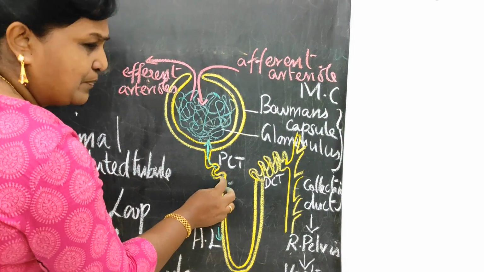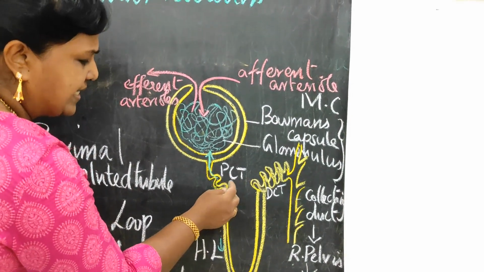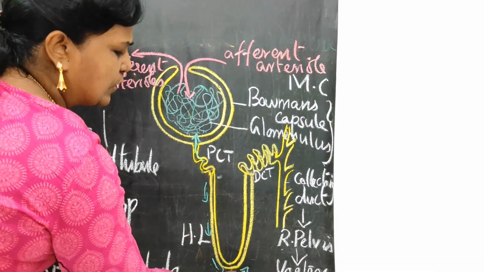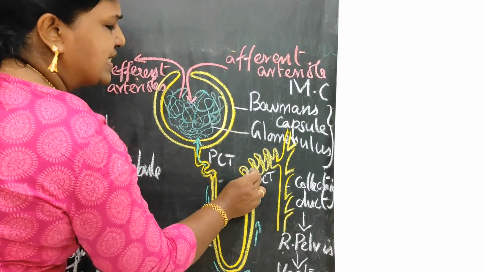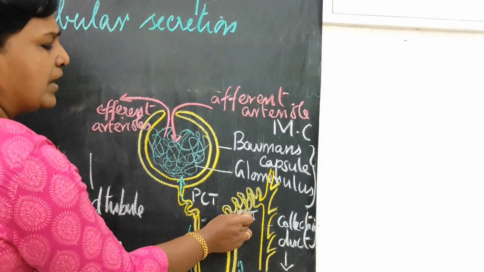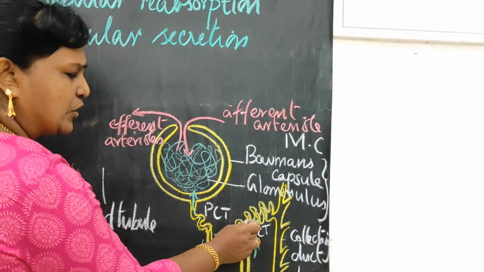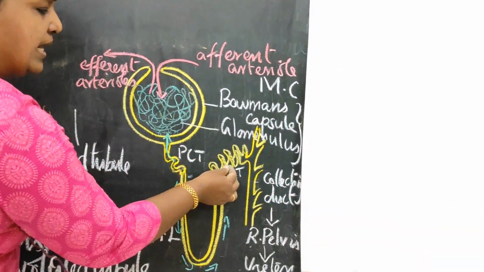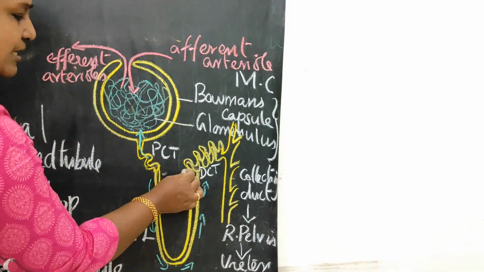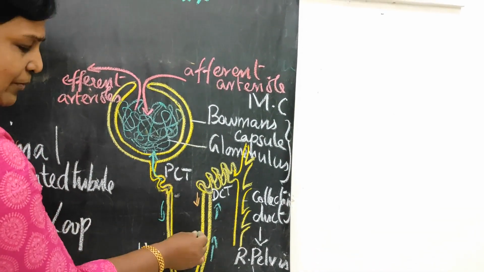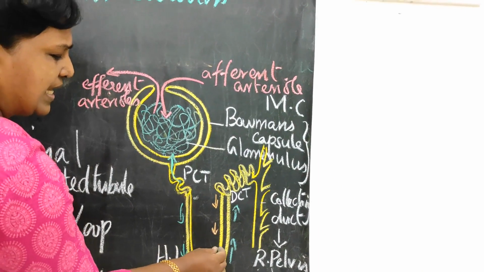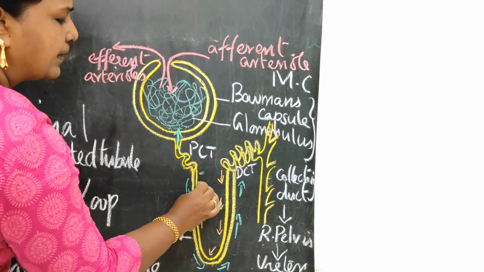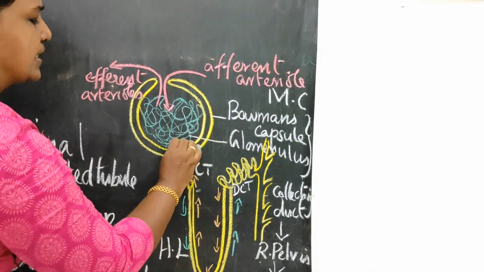Along with the waste materials, some amount of essential substances also enter into Henle's loop, and finally it reaches the distal convoluted tubule. Now in the distal convoluted tubule, the final reabsorption takes place. So here the essential substances like glucose, amino acids, vitamins, and minerals are again taken back into the glomerulus.